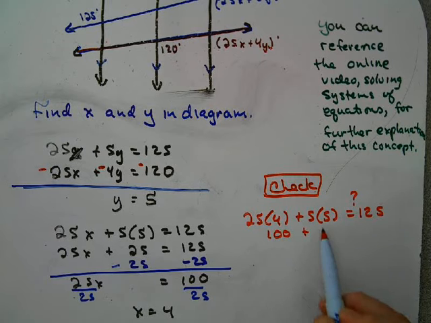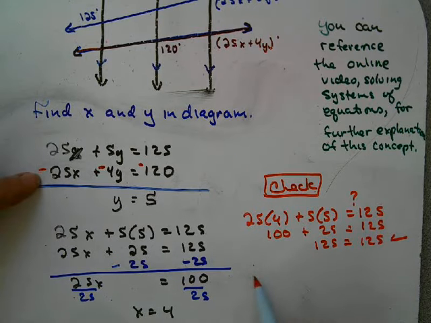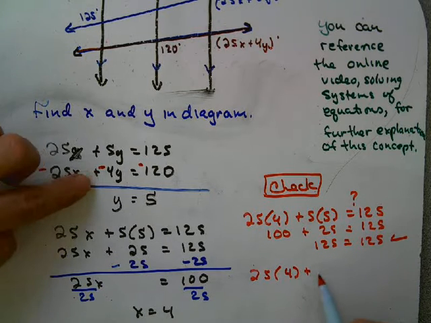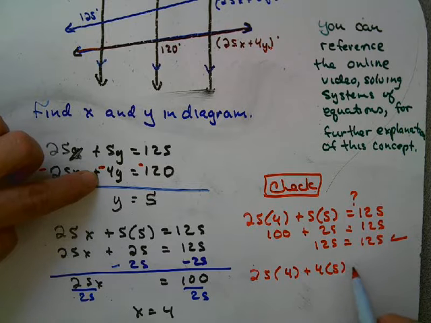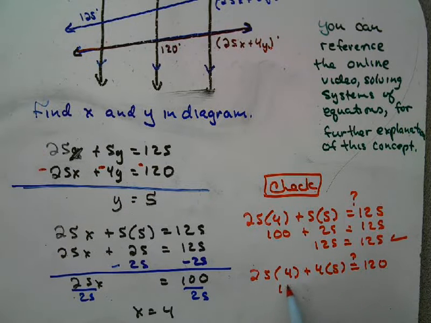Let's look at the second equation. 25 times x, which is 4, plus 4 times 5, does that equal 120? 25 times 4, again, is 100. This is 20. 120 equals 120. So I found an x and a y that works in both.